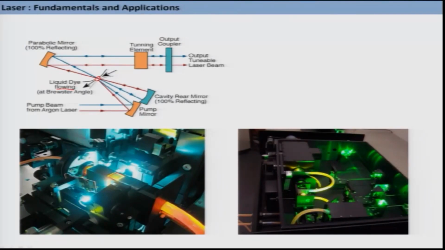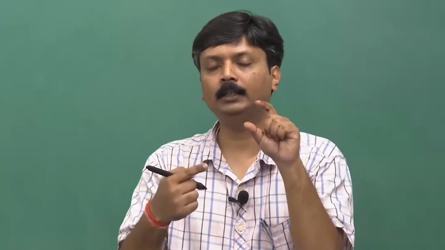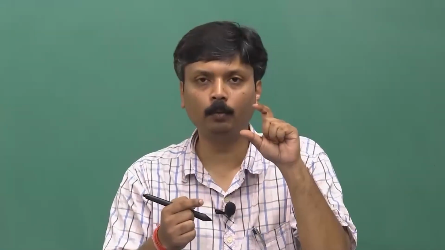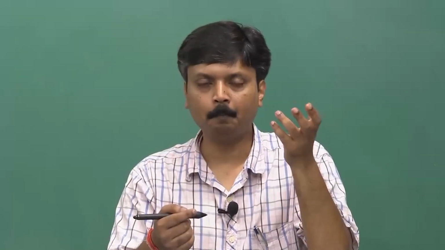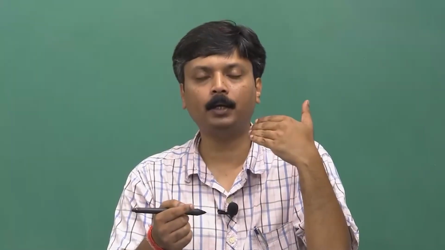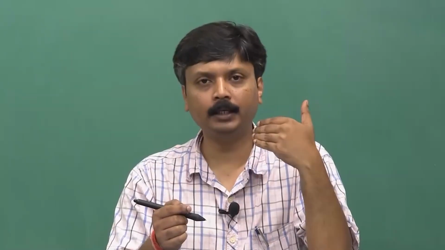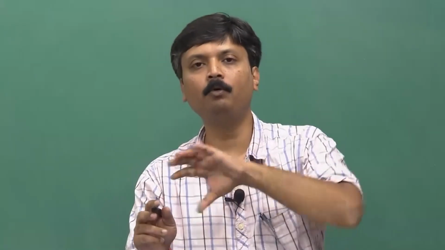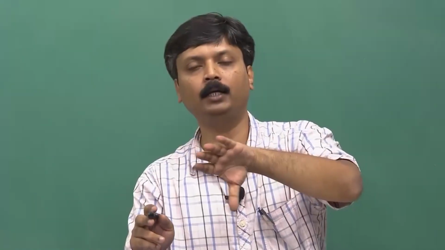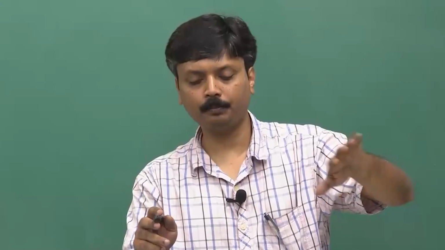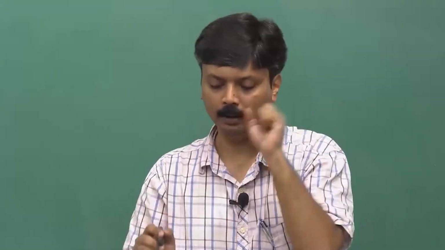You can see these tubes which help the dye circulate. The dye solution does not stay stagnant in the dye cell, but continuously flows. Why is this necessary? Because organic dyes are well known to undergo photobleaching if they are continuously pumped. So to avoid degradation of these dye molecules, you need to remove the excited dye very soon, to avoid photodegradation.